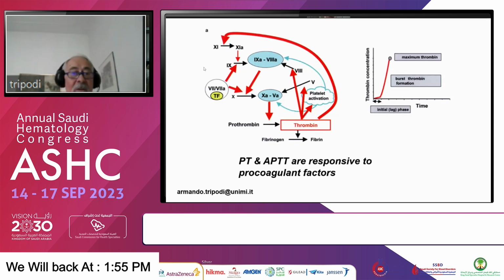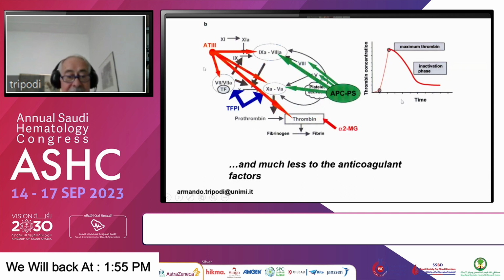Essentially, we can conclude this part of my talk today saying that probably PT and APTT are responsive to procoagulant factors, as you can see here, which correspond to the ascending arm of the thrombin generation curve. But PT and APTT are much less responsive to the anticoagulant factors, which are shown here by the descending part of the thrombin generation curve.